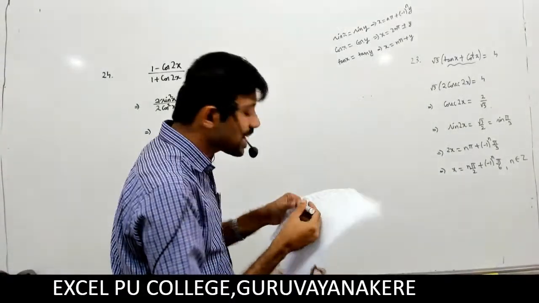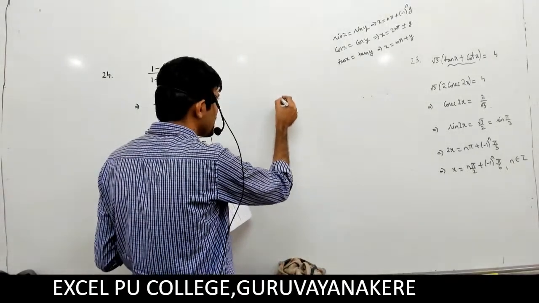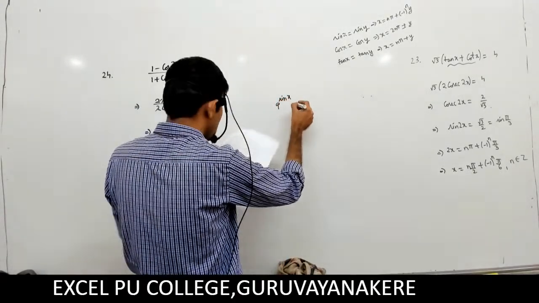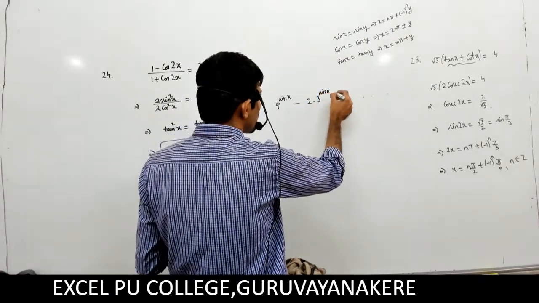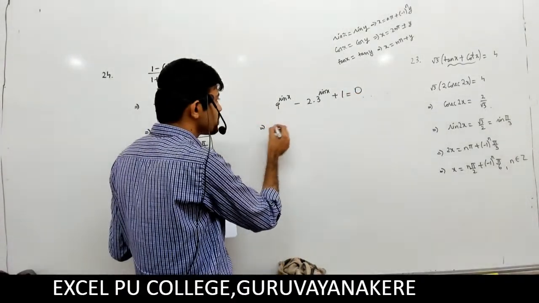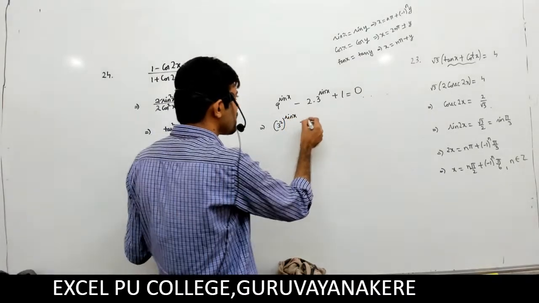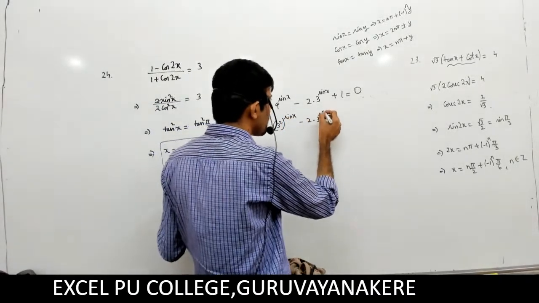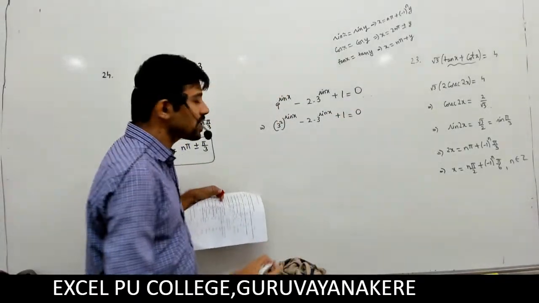First, you write 3 to the power sin x as t, so that it reduces to quadratic in t. 9 to the power sin x minus 2 into 3 power sin x plus 1 equal to 0. You know that 9 is 3 square. From this we can write 3 square to the power sin x minus 2 into 3 power sin x plus 1 equal to 0. Correct?